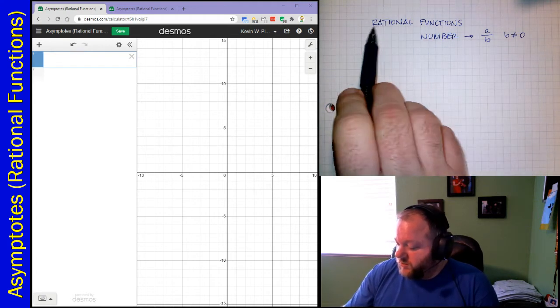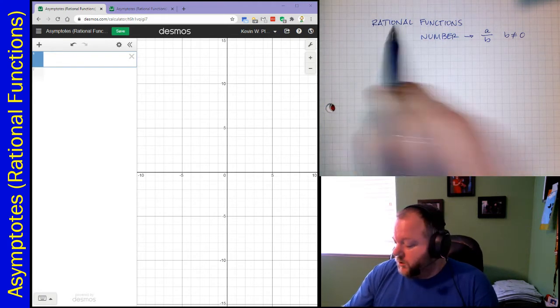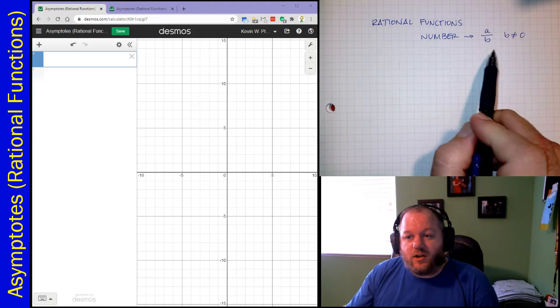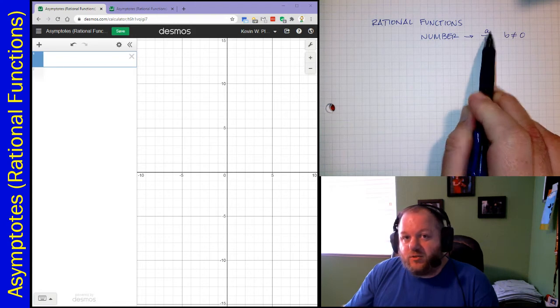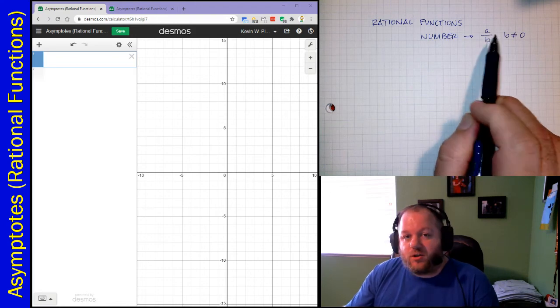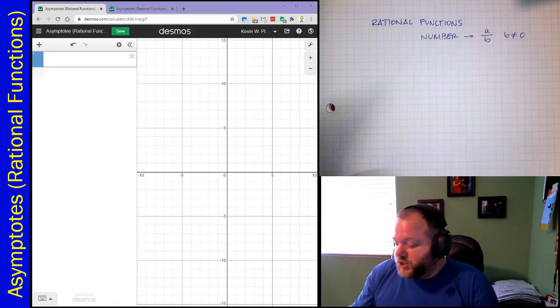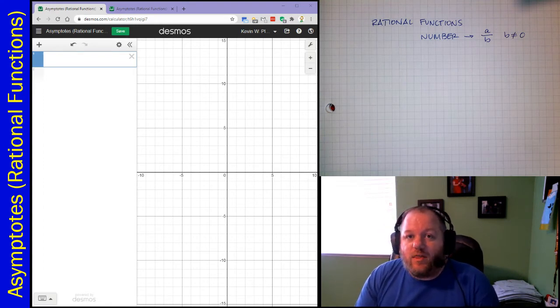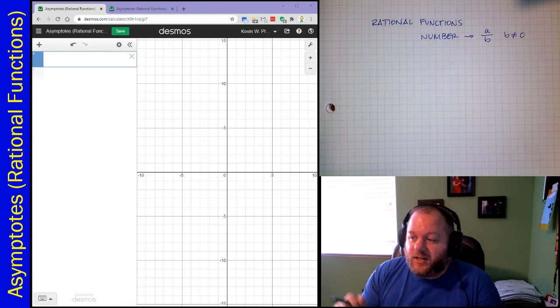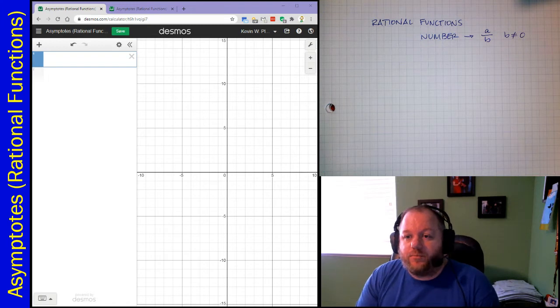Rational from the sense of ratio, where it's a comparison of two numbers, specifically a fraction, which is a ratio of part to whole. Now, a rational function is the same way. It's just one that has variables in it, and it takes a single input and it produces a single output within the domain and range.